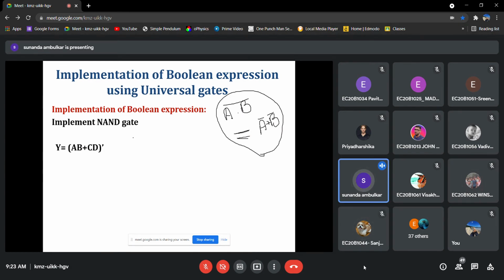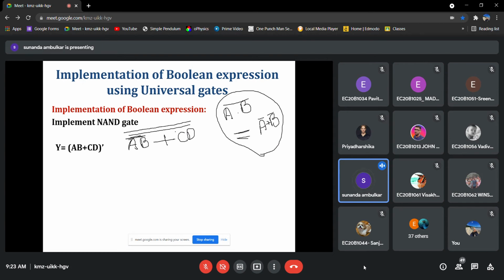What will be the difference? The only difference here with the previous one is that in the NOR implementation we complement the whole expression. In the NAND implementation, we complement the product terms.